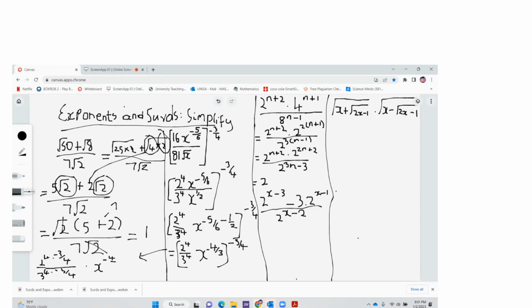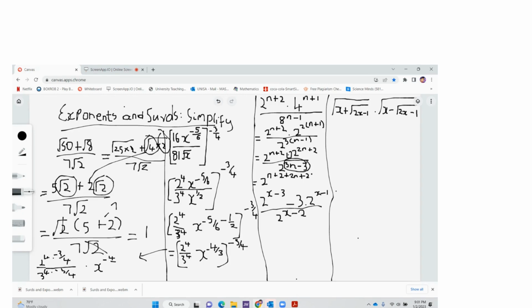Okay, 2 to the power of, we are adding the exponents separated by multiplication. So it's n plus 2 plus 2n plus 2. Then we have to subtract what's divided.